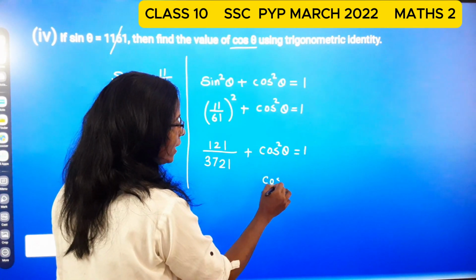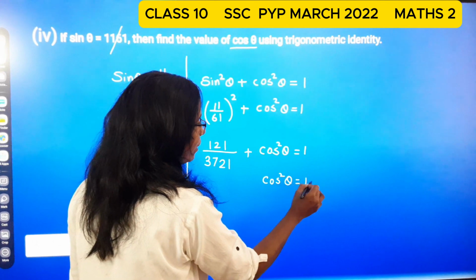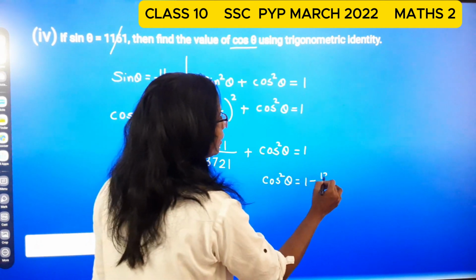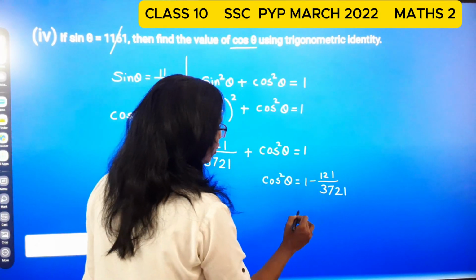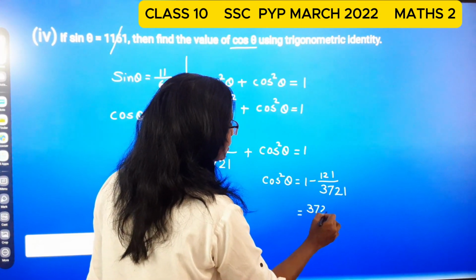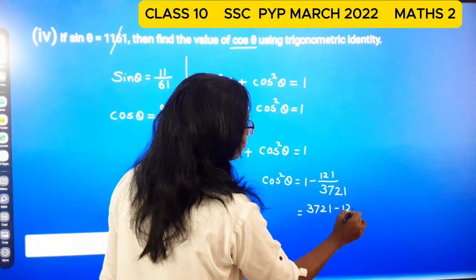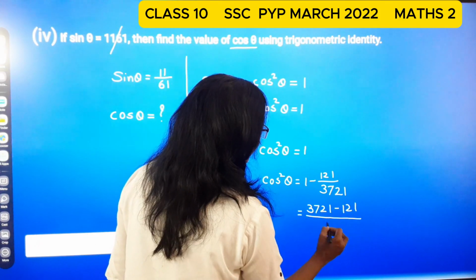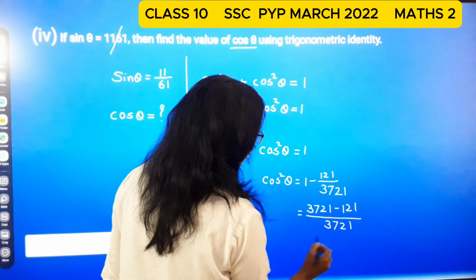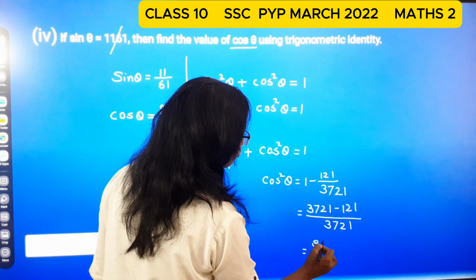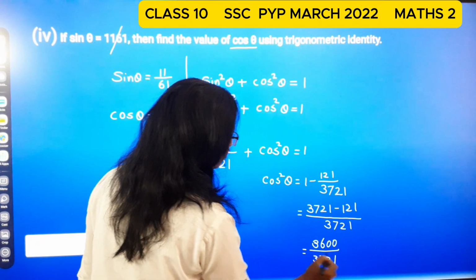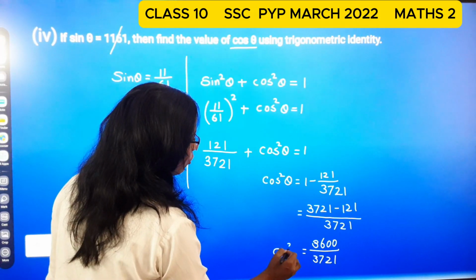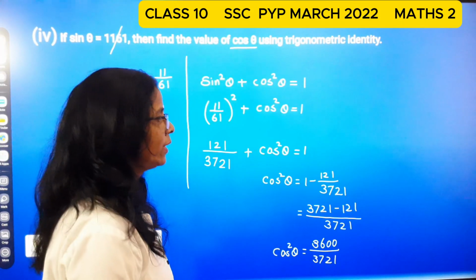So cos square theta is equal to 1 minus 121 upon 3721, that is 3721 minus 121 divided by 3721, which is equal to 3600 upon 3721. That is the value of cos square theta.